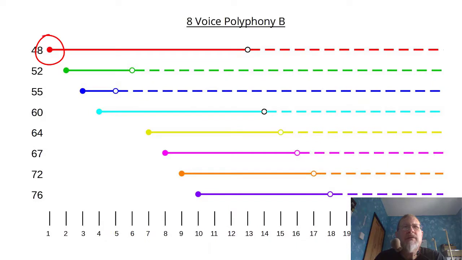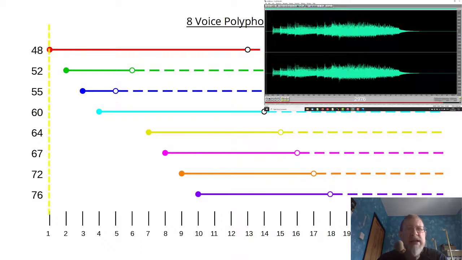So we start with 48, then play 52, 55, 60, but then we release 55 and then release 62, and then play 64, 67, 72 and 76, and pause for a couple of beats and release the remaining notes. So with 8 notes, with 8 voices, that sounds like this.